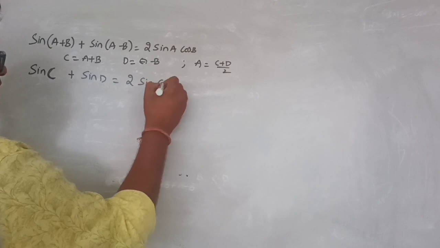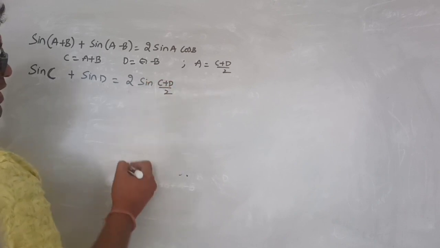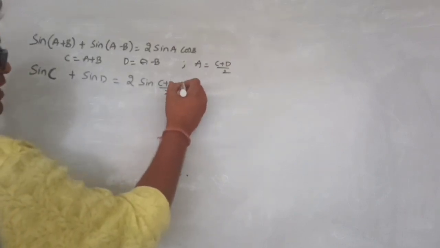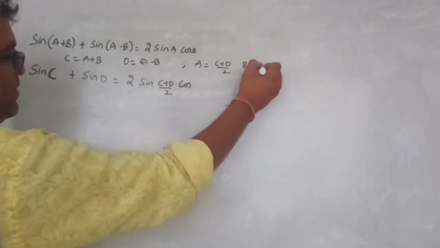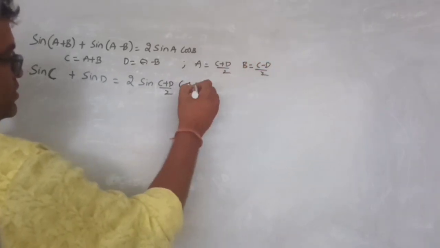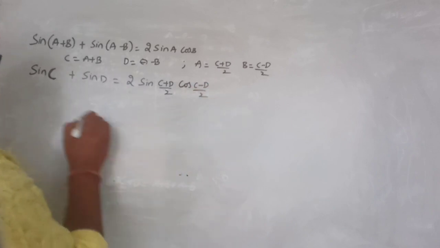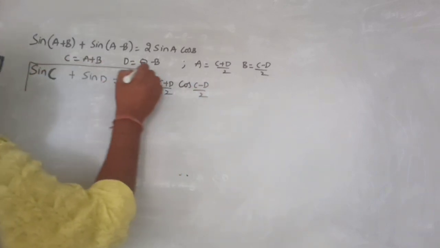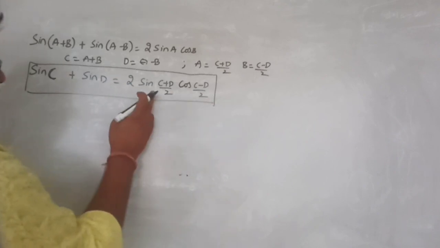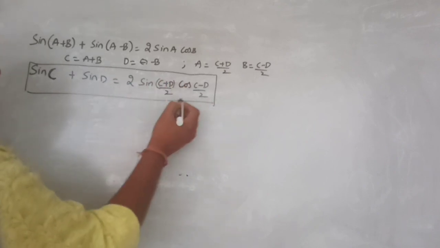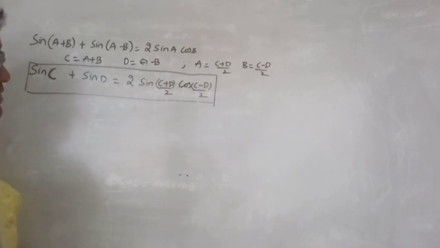So in place of a write c plus d by 2 and cos b, that is cos of b value, that is c minus d by 2. So sin c plus sin d is equal to 2 sin c plus d by 2 cos c minus d by 2.